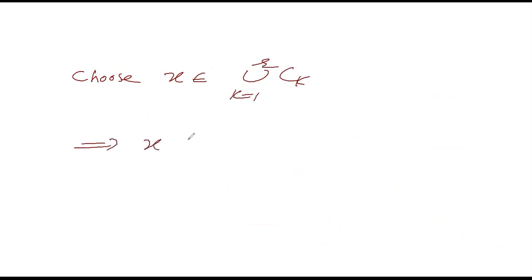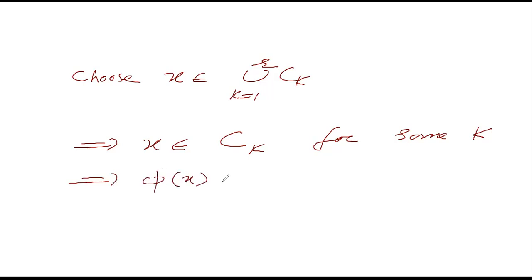Let's choose a point x belonging to the union over k from 1 to r of Ck. This implies x must be in some Ck, for exactly one k. Whenever x belongs to Ck, phi x plus psi x must be equal to the small ck by definition, which is not equal to 0.